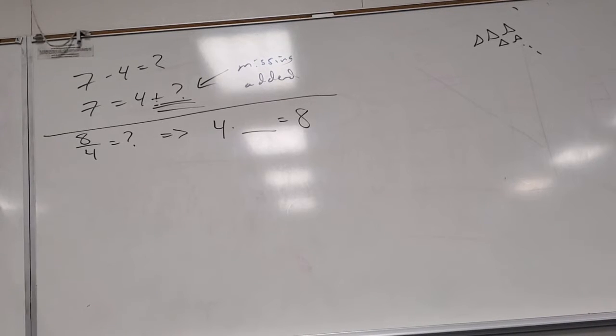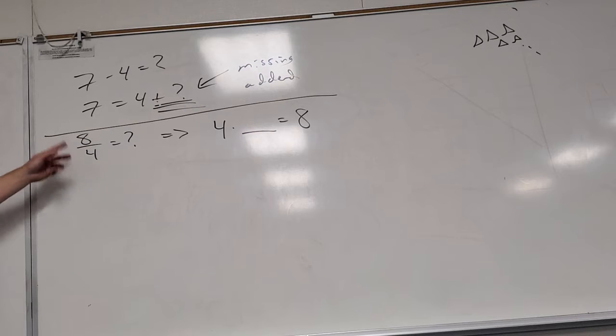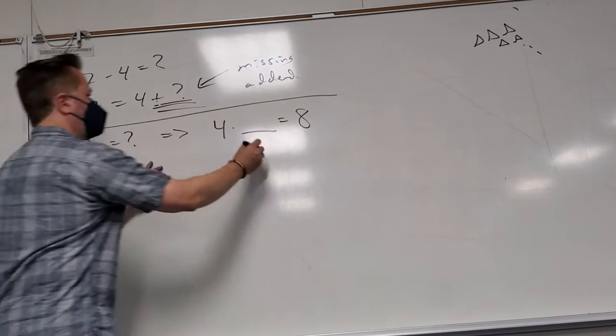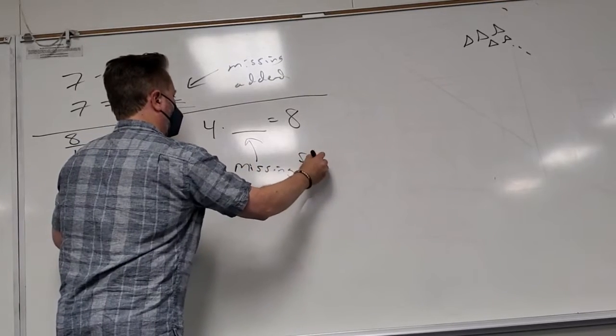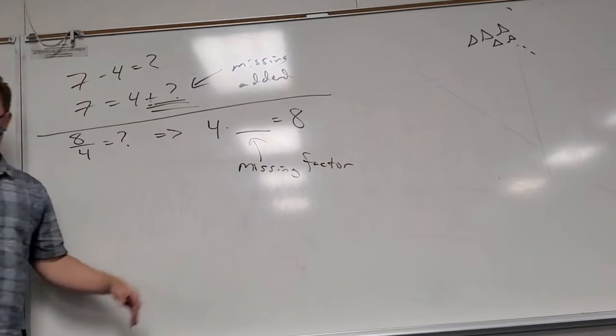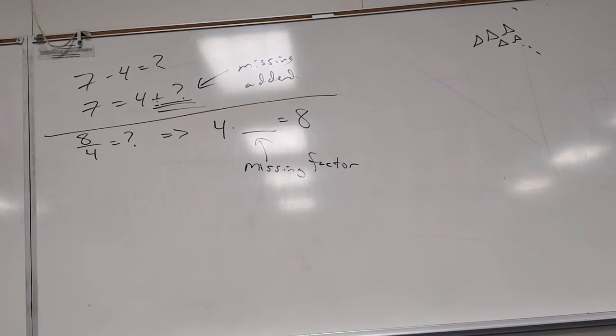So this question is a lot easier because they don't know what division really means. They haven't really put it in themselves, so they base it off of something they know. So remarkably enough, this is called the missing factor approach, because the two elements of a product were each called factors.